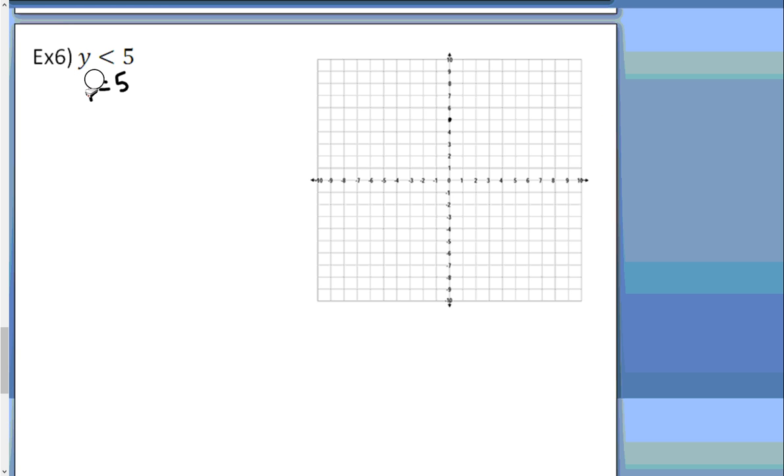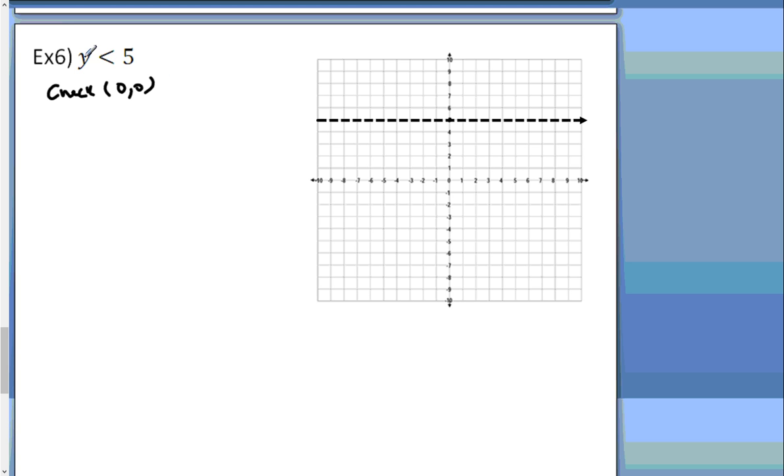Since it's less than 5, that means I use a dotted line, right? So it's going to be a dotted line. And then which side do I shade? Well, I'm going to check 0, 0.